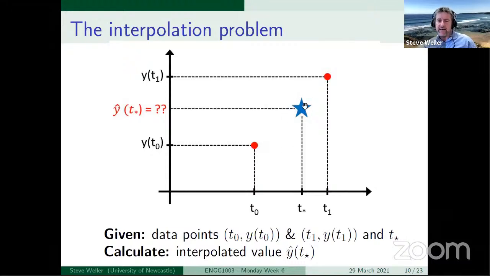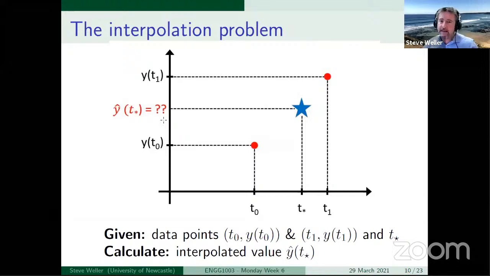And I've indicated that its actual value is the blue star here, meaning to convey there's some uncertainty about it, there's some mystery about it. We know the time at which it occurs, it's t star, that's the value that we're working with. We don't know what the value is, so it's got a question mark against it.